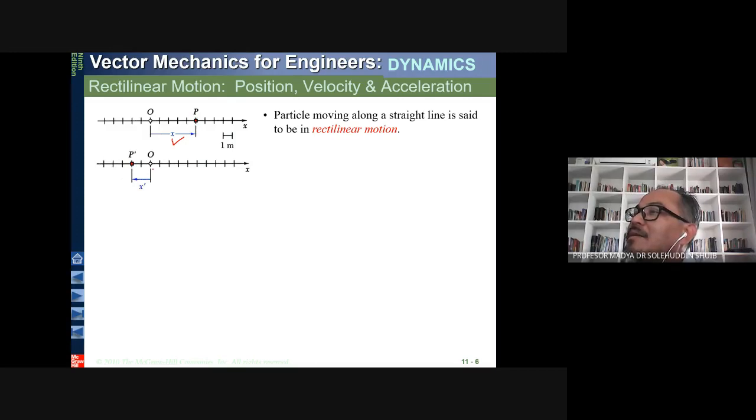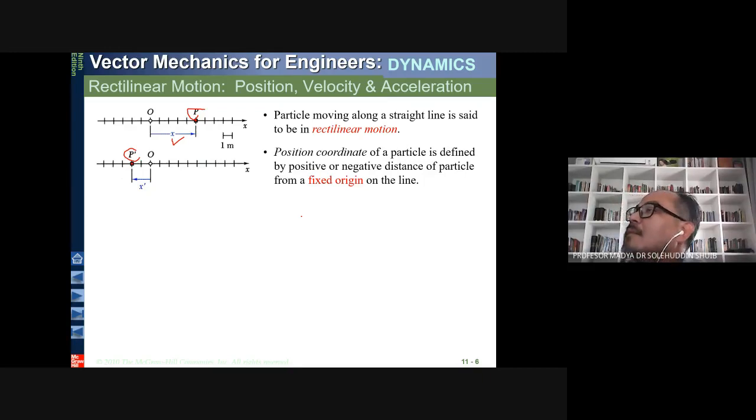To the right is P, the particle, and to the left is P prime. To the right is positive, and anything to your left is negative. That's why we define here O, which is basically a datum.